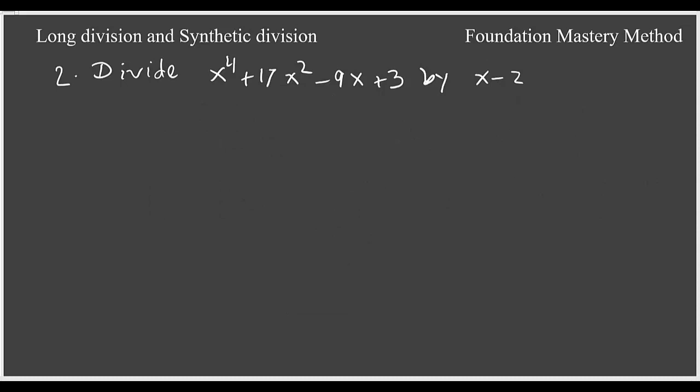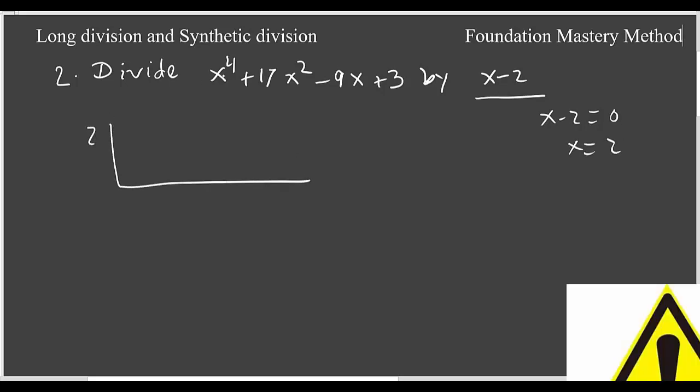Now I'll be talking about synthetic division, but for synthetic division we must check that the divisor is a linear term. So what you do, first you have x minus 2 as the divisor, so from there you get your number 2. You just say x minus 2 equals 0 and then x equals 2.